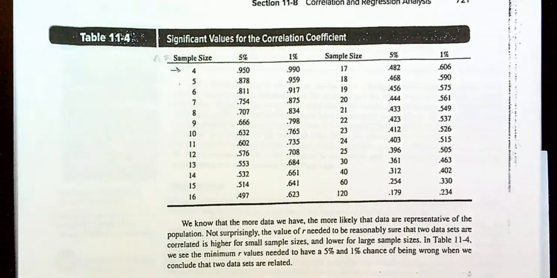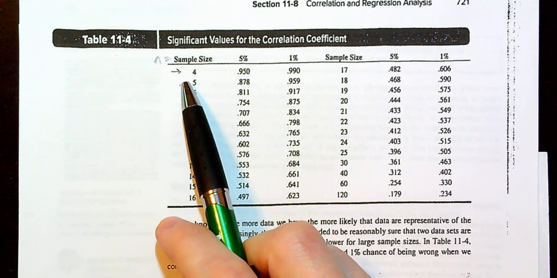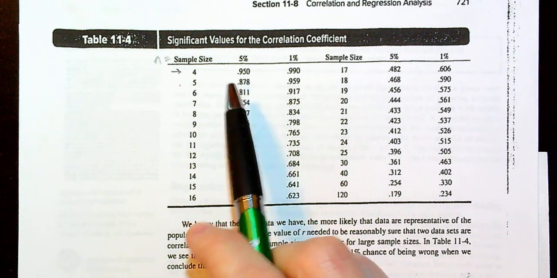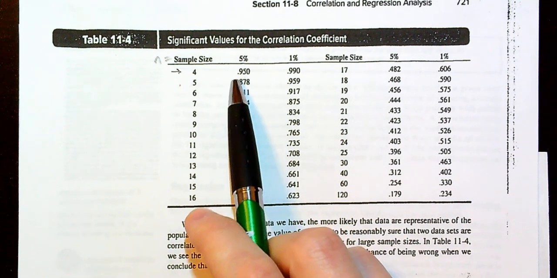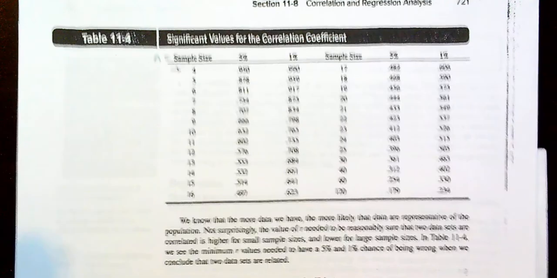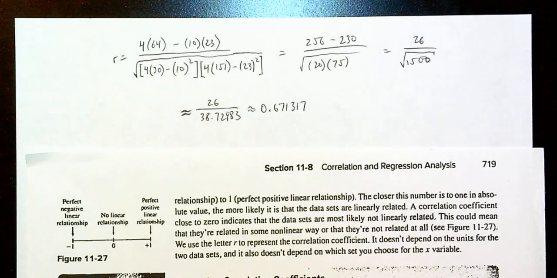So taking a look at that chart once again, it's all based on our sample size. Well, we had 4 data points, so n is 4 here. So if our R value is greater than or equal to 0.95 or 0.99, then we have reasonable confidence that those two data sets are linearly related. Our R value was 0.67, so we're not quite there.